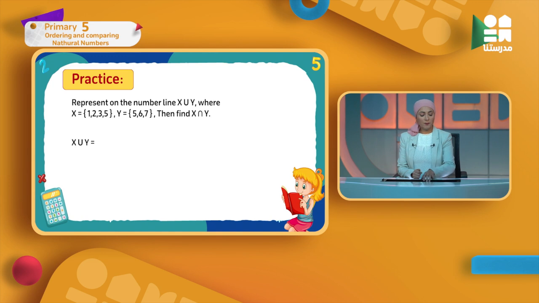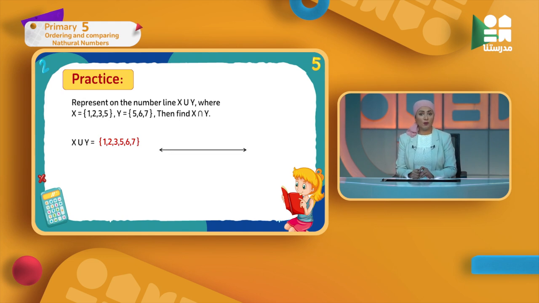So here, X union Y, the same way that we used to do before, I will take the elements and I'll take the common elements only one time. So it will be the set of elements 1, 2, 3, 5, 6, and 7. Now I want to represent it on my number line.